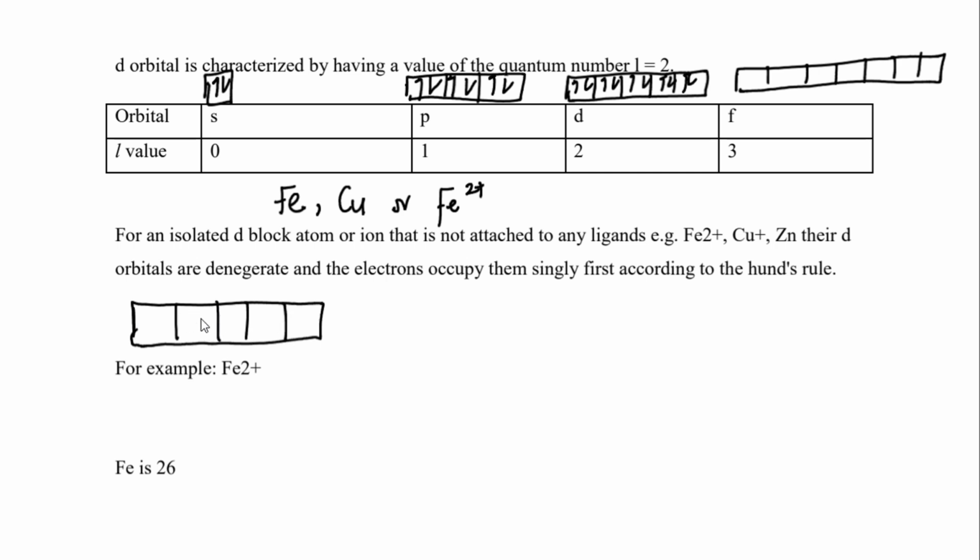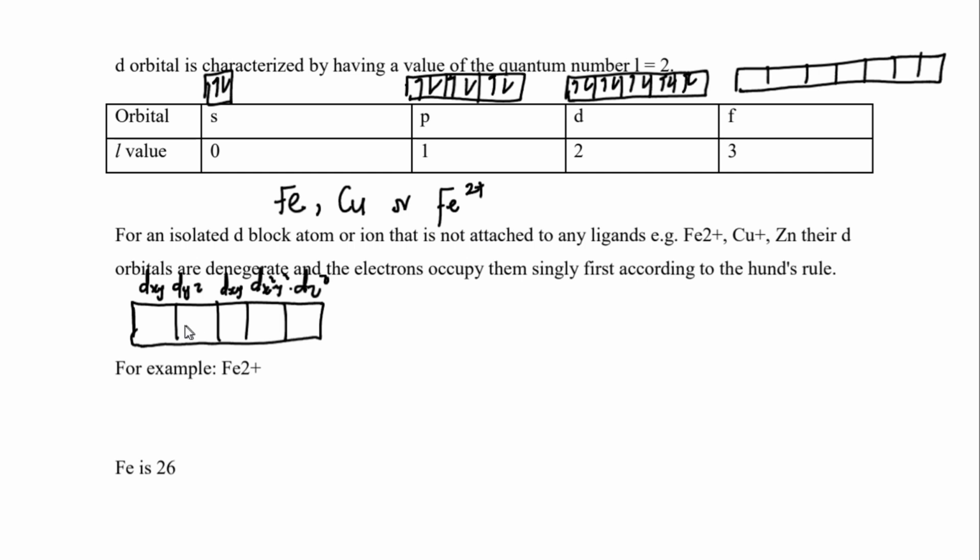All the orbitals here we can call dxz, dyz, dxy, dz square, dx minus y square. So basically, all the orbitals here are degenerate. They have the same energy. This is peculiar to d block atoms or ions that are not attached to ligands.